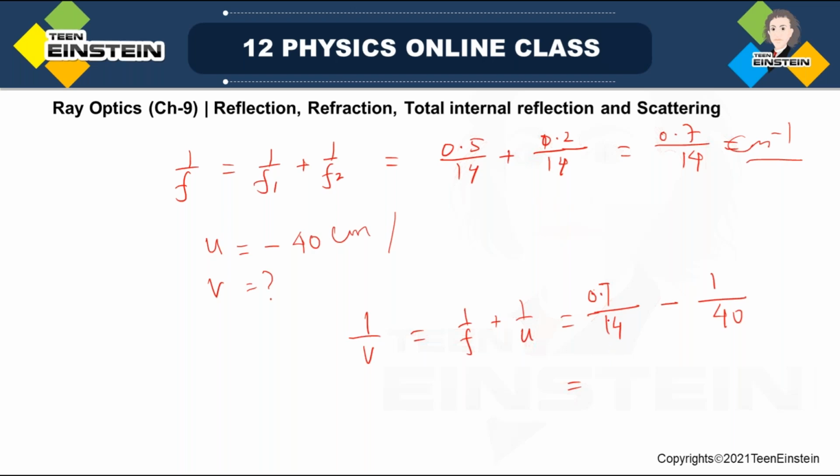So we can do a little bit of simplification over here. This will be 7 over 140, and this is 1 over 40. Look, we have to find out the LCM.